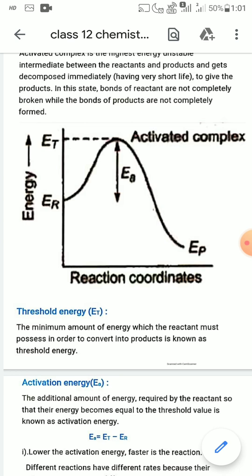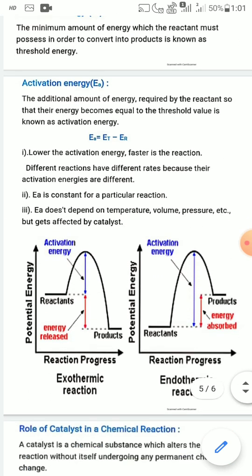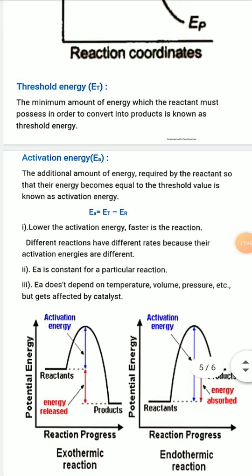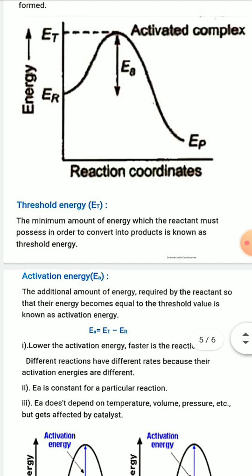And now activation energy. What is activation energy? The additional amount of energy required by the reactants. Reactant already have some energy, which is represented by ER, and reactant have to get some more energy.